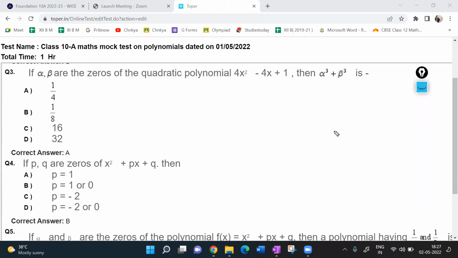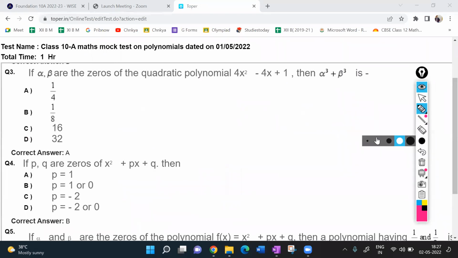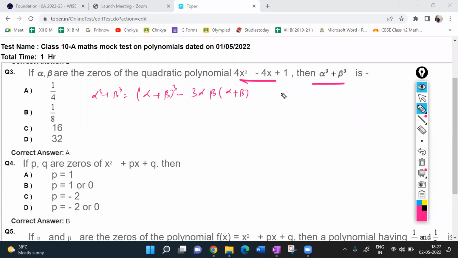Alpha beta are the zeros of the quadratic polynomial. Then alpha cube plus beta cube is what? That alpha cube plus beta cube formula is what? Just now we did, right? Here it's alpha plus beta whole cube minus 3 times alpha beta into alpha plus beta.